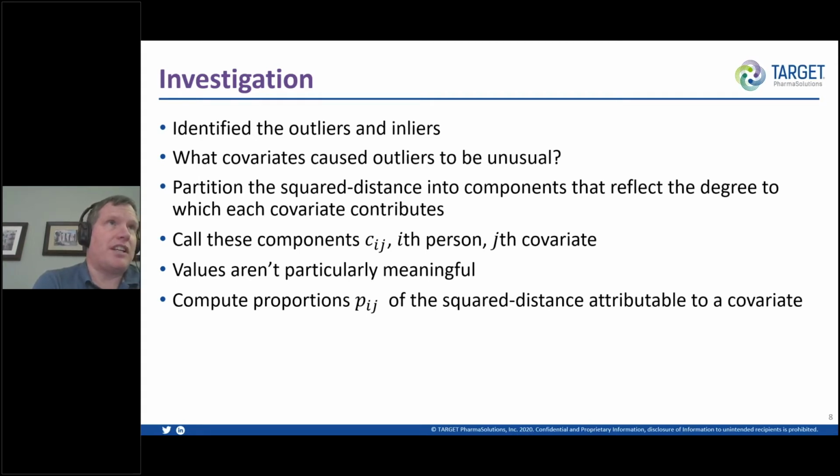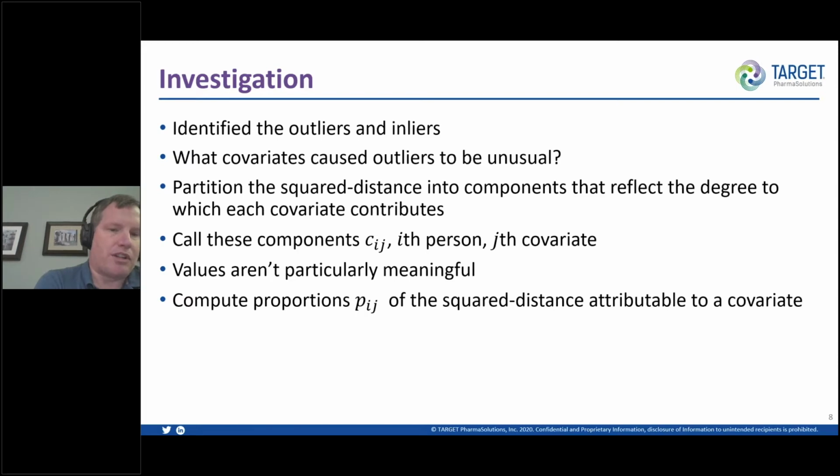Being in a multivariate setting, we now have to go back to the univariate setting and understand which covariates are contributing large values to the squared distance. We can compute these components, but the components themselves don't really have a particularly useful or meaningful scale.